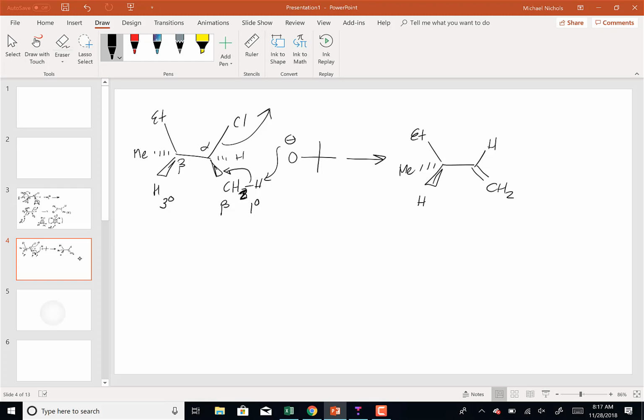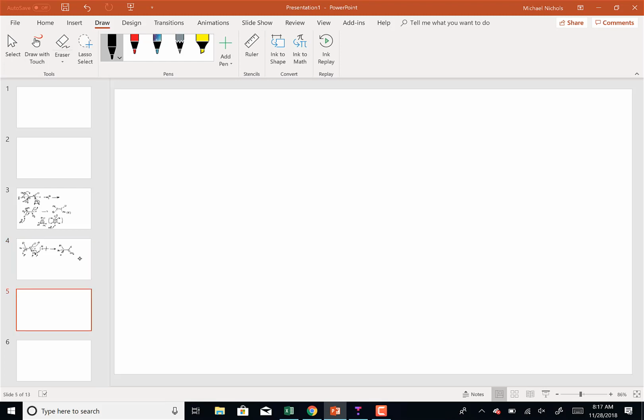Okay, so let's say I gave you, let's just start with this molecule. What kind of nucleophiles can I add to this?